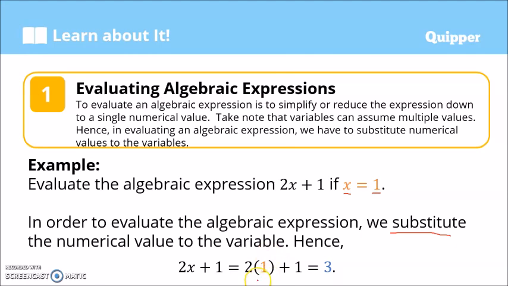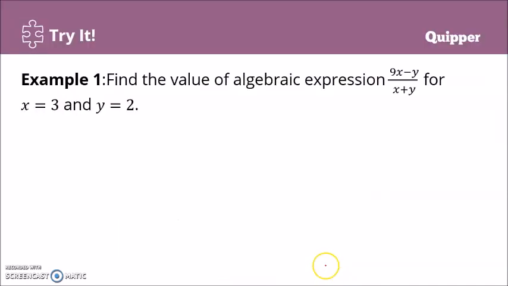Okay? To mean multiplication. So, we have 2 times 1 plus 1. Galing dito yung plus 1. Ibig sabihin, pinalitan lang natin si x. Alright? So, 2 times 1, that is 2. Plus 1, that is 3. So, we have 2 times 1 plus 1, that is equal to 3.